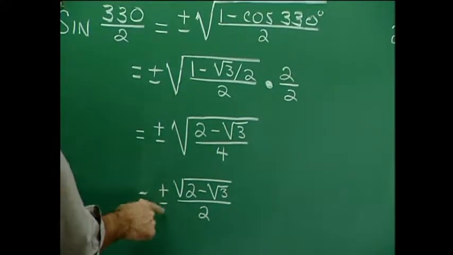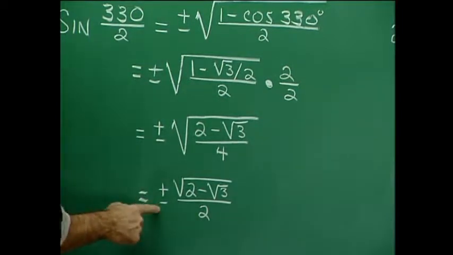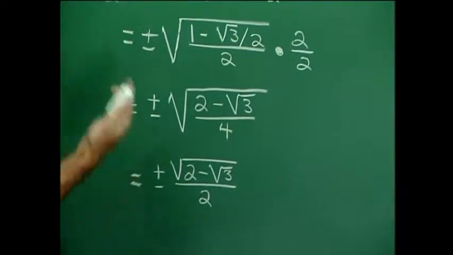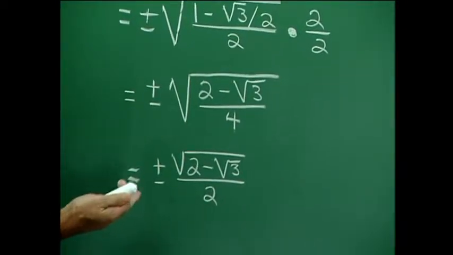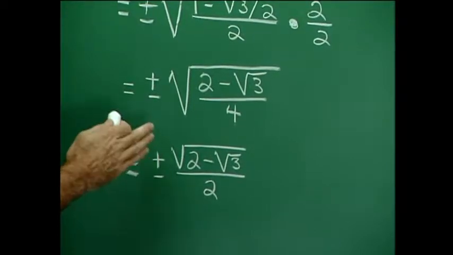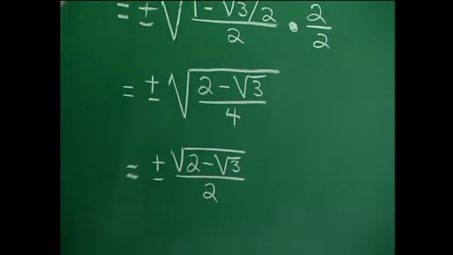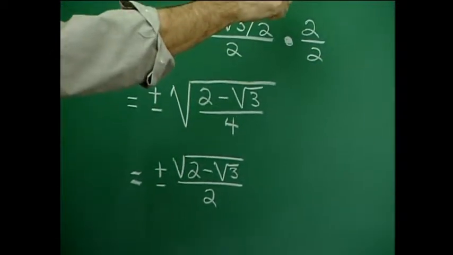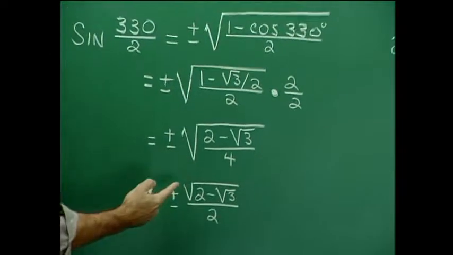Now let's talk about the sign pattern here. This plus or minus value is just in here to choose the one appropriate for your problem. Now, although within this problem we used an angle of 330 degrees, that's not the one that we're trying to find the sine of.